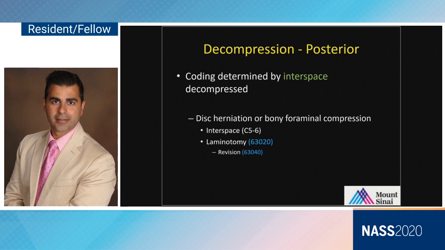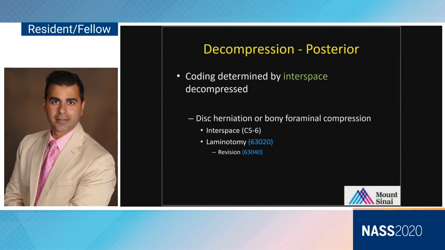Now we're going to discuss the posterior-based decompression procedures. Again, sorry for the dry subject matter. It's important to understand the approach as well as some of the basic and commonly used codes, and that's the goal for this talk. So when you do a cervical decompression using a posterior-based approach, again, you'll want to know what your diagnosis is.